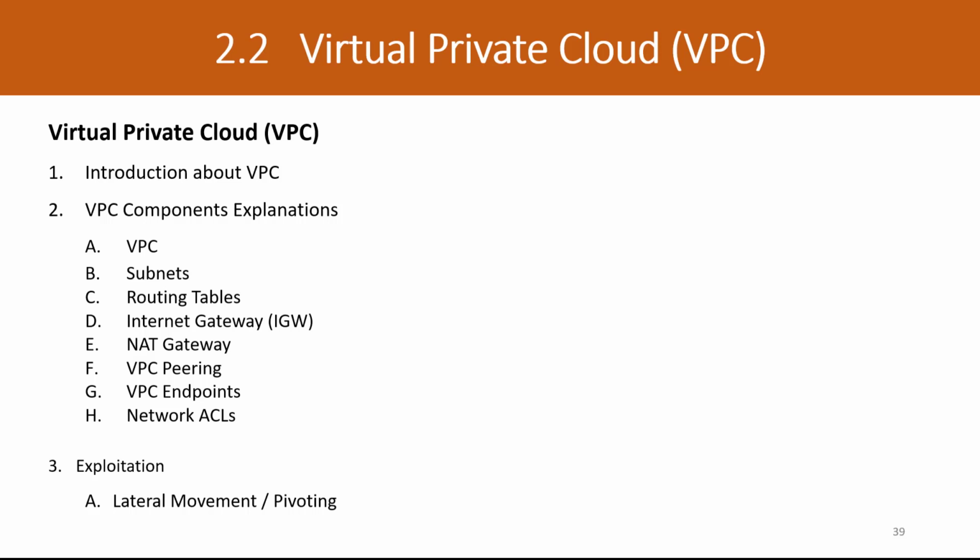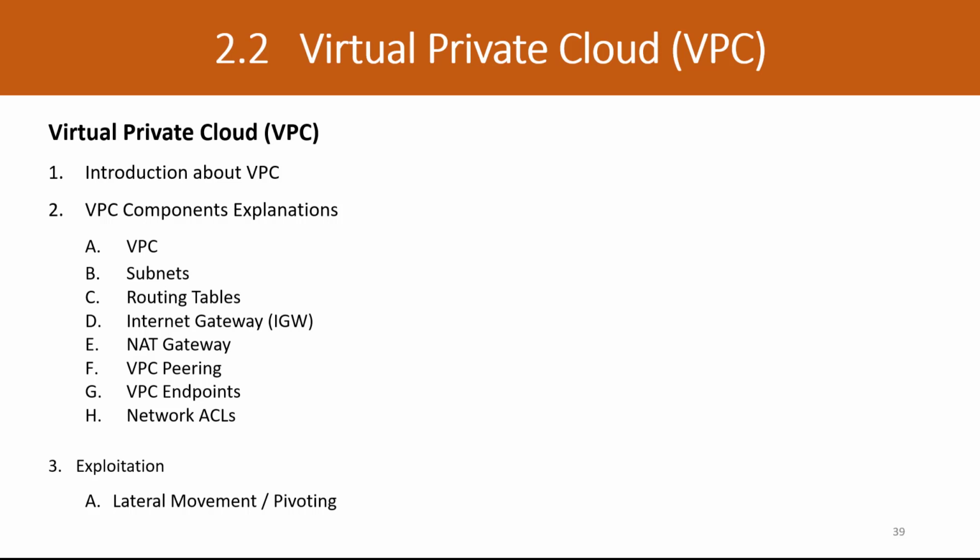In this module, we will discuss one of the services provided by AWS, that is Virtual Private Cloud (VPC). It's Infrastructure as a Service provided by Amazon. This service will help you set up your own infrastructure on AWS, on the cloud.